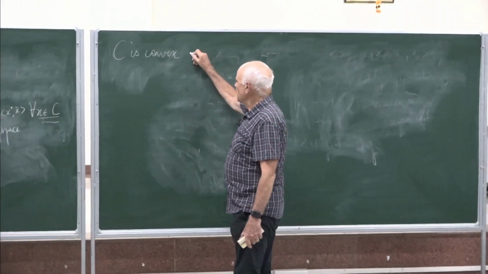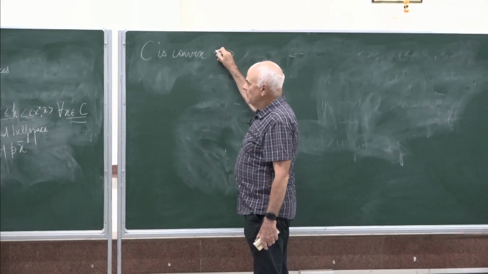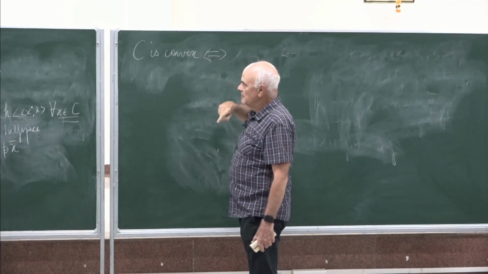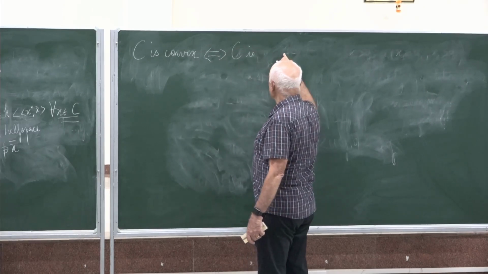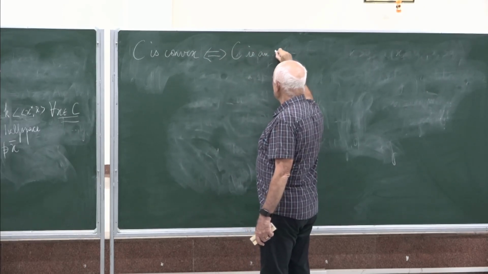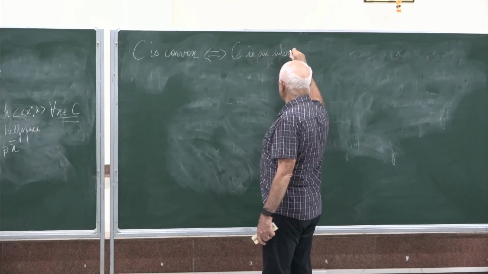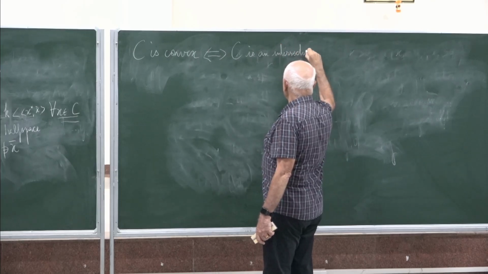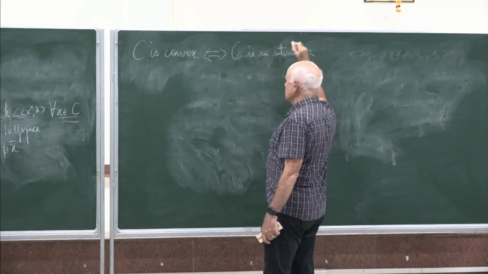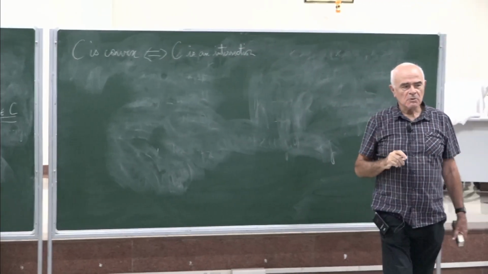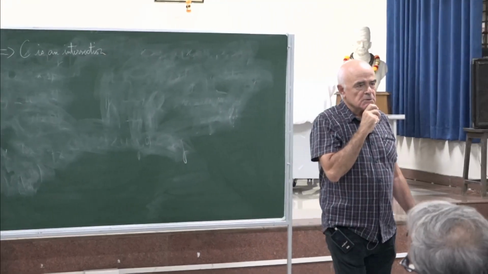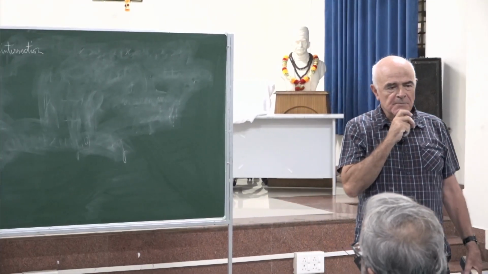C is convex if and only if C is an intersection of... there are many ways of expressing this statement.